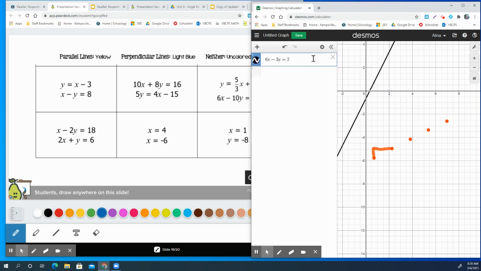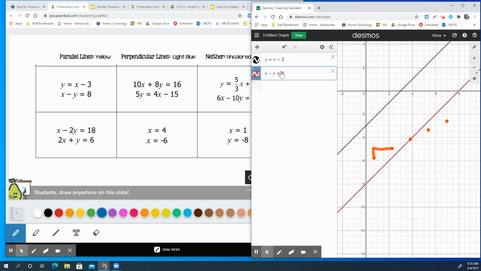So like I'll do that first one, y equals x minus 3. And x minus y equals 8. Are those going to be parallel, perpendicular, or neither? These are parallel.